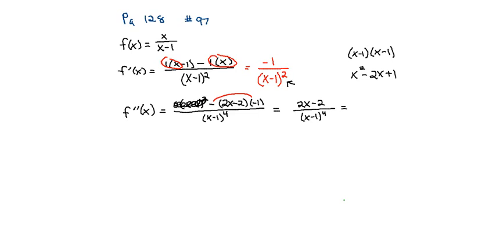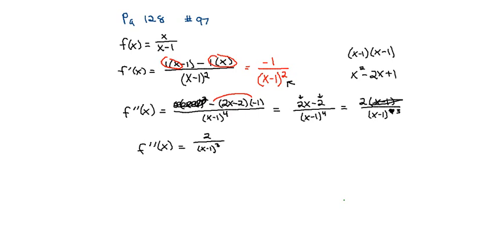There's a common factor of 2 in this binomial on top, so we can pull out that 2 and we'll be left with x minus 1 over x minus 1 to the 4th, and now these are factors, so you can cancel out the x minus 1 here, and the 4th power will become a 3rd power, and so we are finally left off with the second derivative, f double prime at x equals 2 over x minus 1 to the 3rd power.